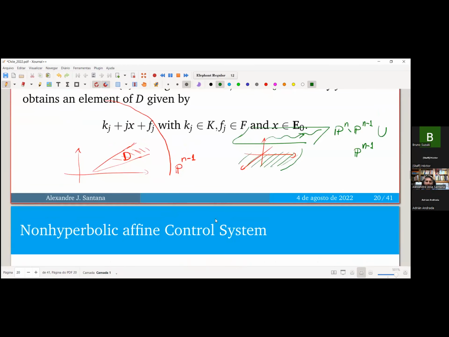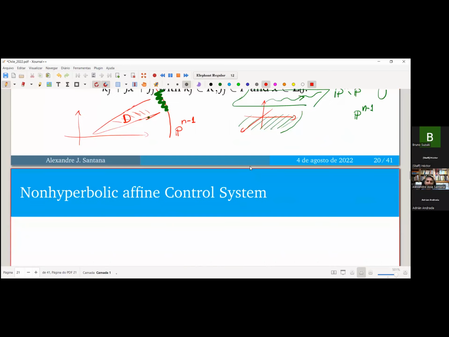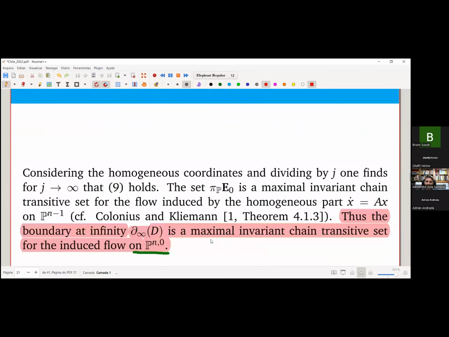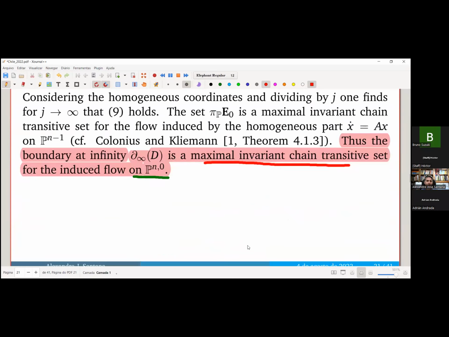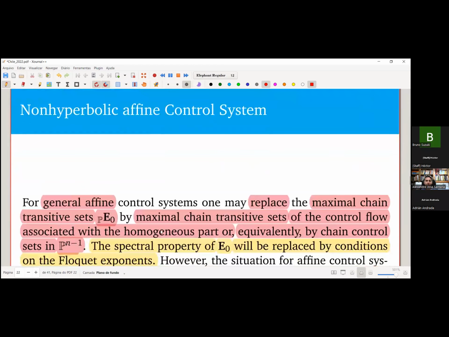So this set that we will have here, the boundary at infinity of the control set, has the property that we can go from one point to another point using jumping. This is the idea of maximal invariant chain transitive set.